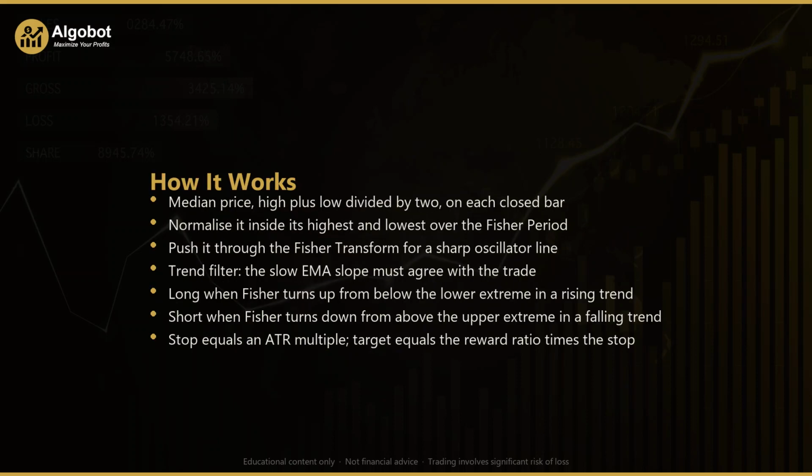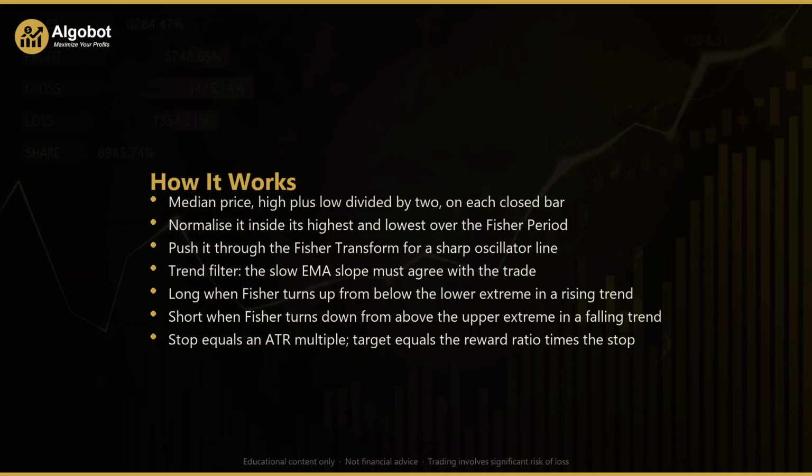Let's walk through the mechanics step by step. Everything happens on a single time frame, and the expert advisor makes its decisions once per closed bar, so it isn't reacting to every tick of noise. First, for each completed bar, the strategy calculates the median price, which is simply the high plus the low, divided by 2.